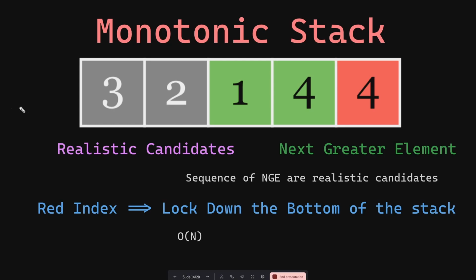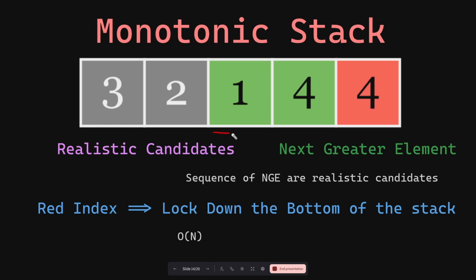No, because when we had seen the first element 3, we called it a probable candidate. But as soon as 2 arrived, can 3 ever be a candidate? No, because when given the choice between 3 and 2, you will always pick 2 and this 3 will always get invalidated. So why are we even keeping it in the list of possible candidates? Let's be realistic and remove it altogether.